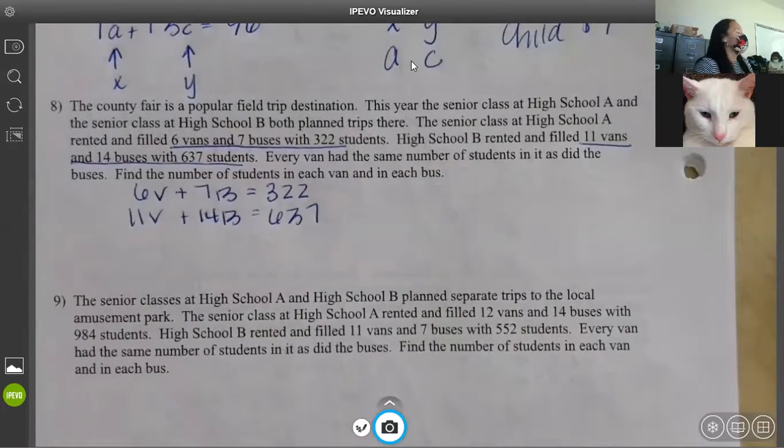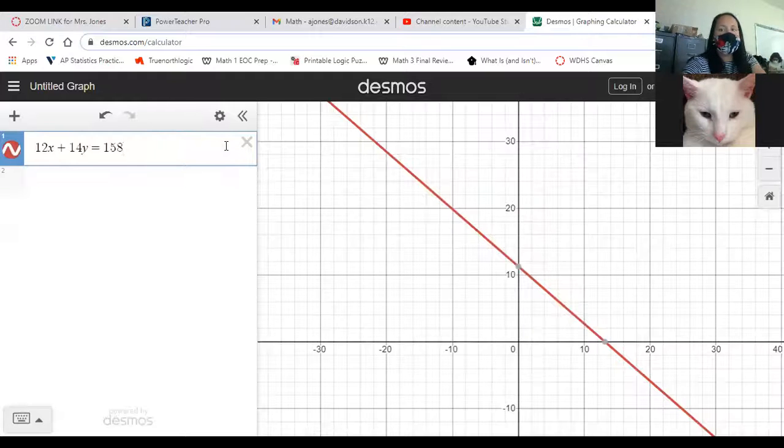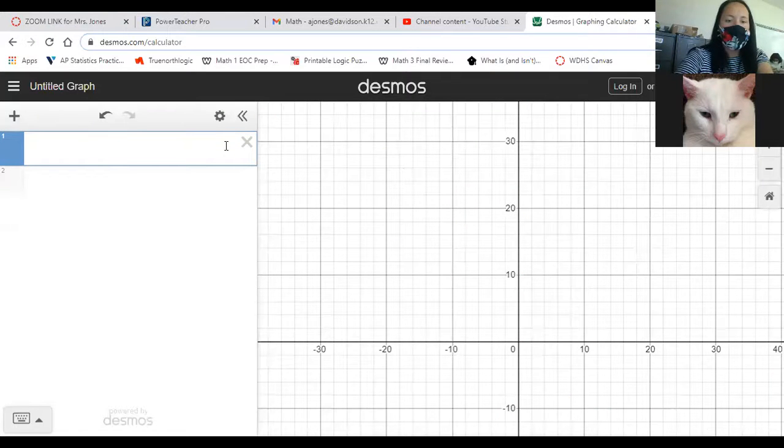As we get further into the notes, you'll see that the numbers get bigger. So that's why I said you definitely should use Desmos. So I'm going to put these into Desmos. We have 6X plus 7Y equals 322.